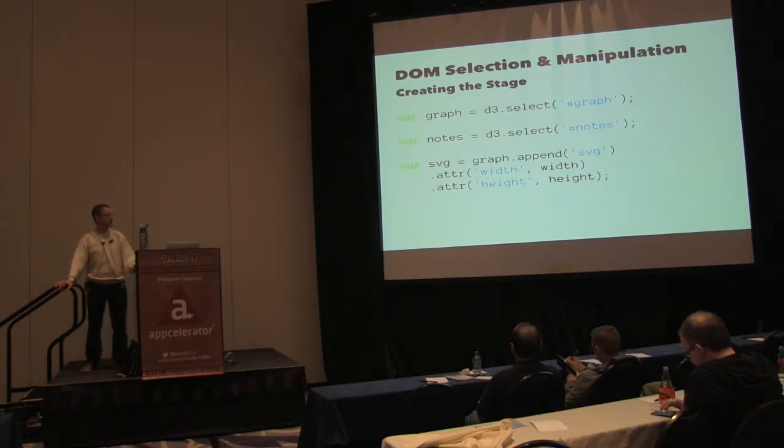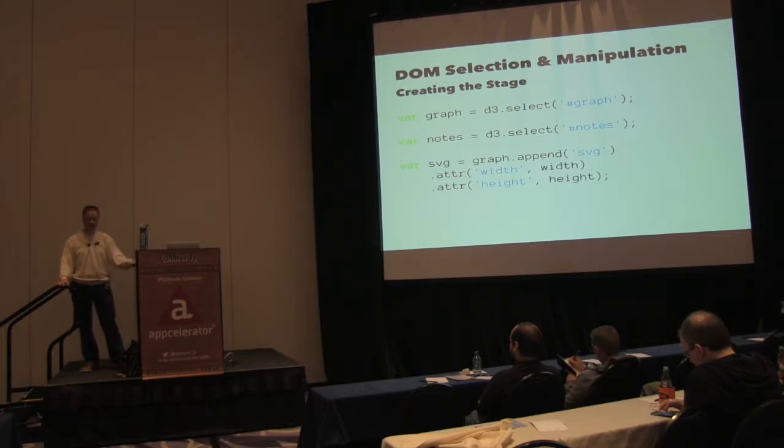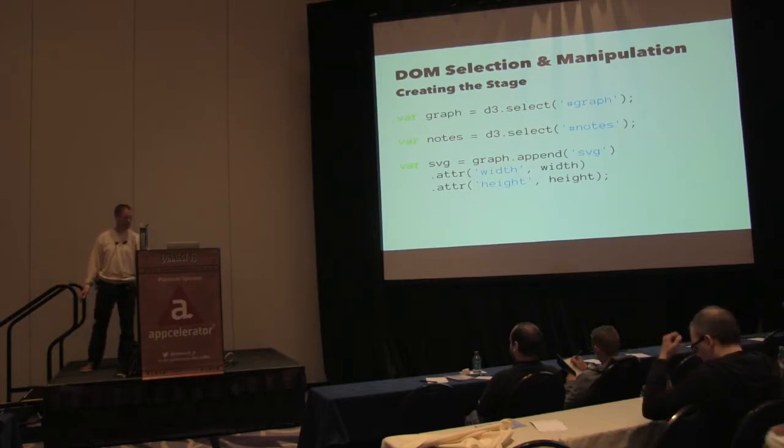And you can see that what we're doing there looks a lot like jQuery, right? We've got the graph container, we're appending an SVG element, and we're setting the attributes of that element to width and height. And that, again, is D3 intending to be a full-featured JavaScript library. You don't need jQuery or any equivalent to do everything you'd need for the visualization.